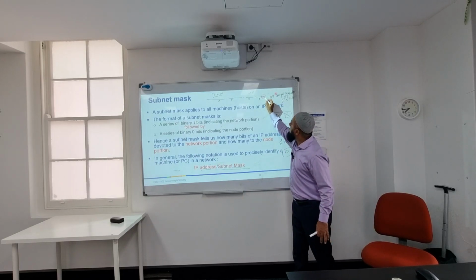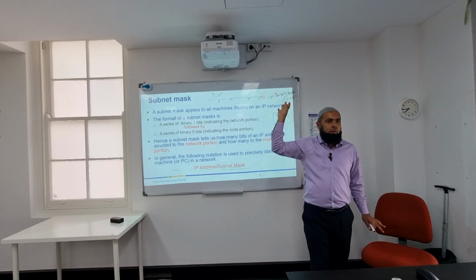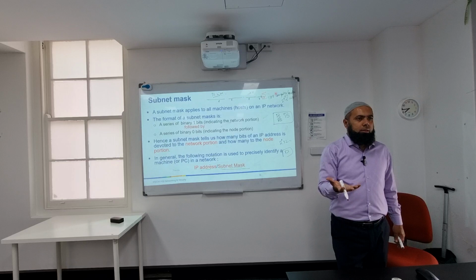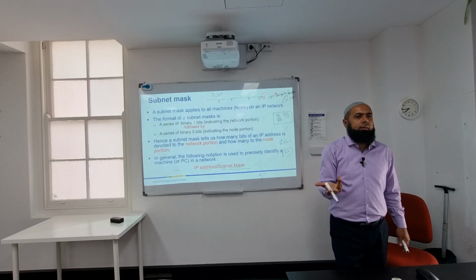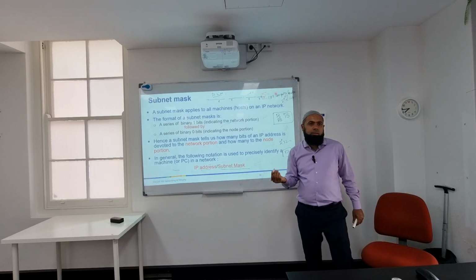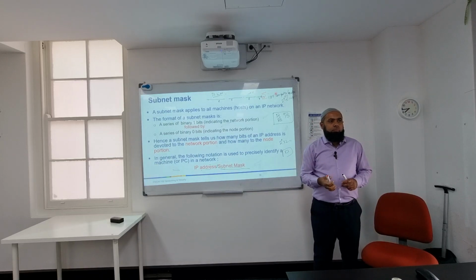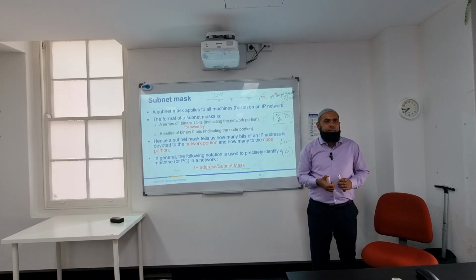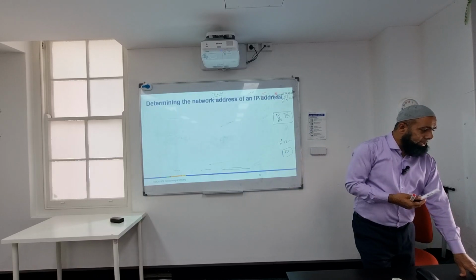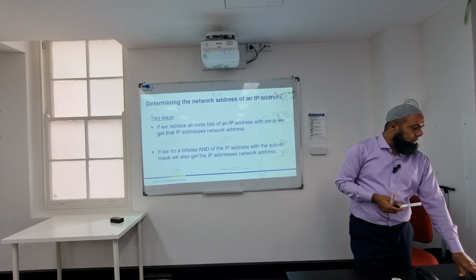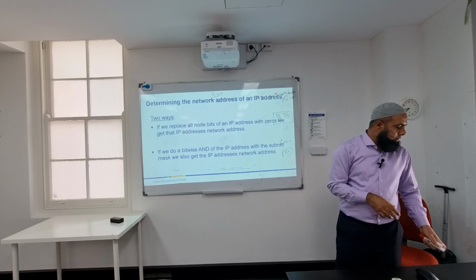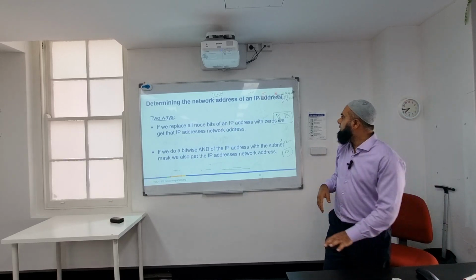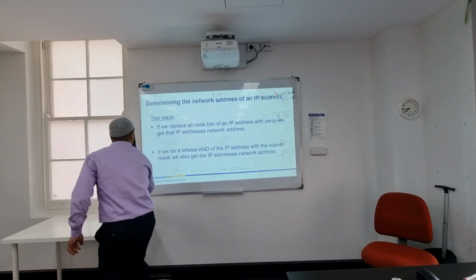These 4 different bits, starting from 0000 to 1111, are enough for me to assign 16 different computers. But I need 10. It's okay, some extras are there. That's fine. Is it clear? We'll see some examples now. Now, looking at how to find the network address of an IP address.